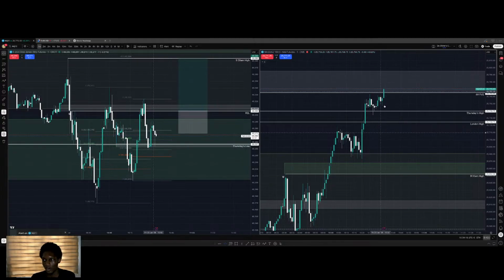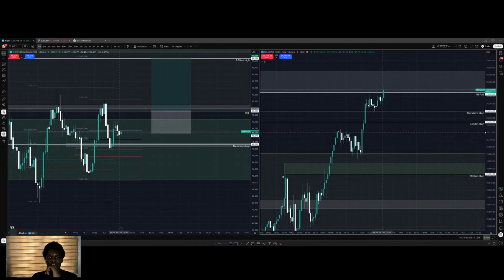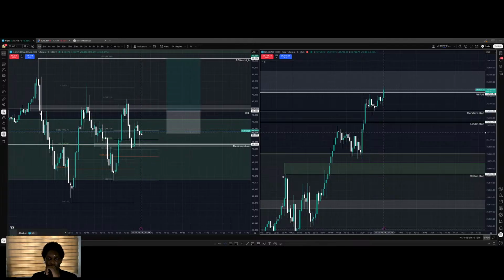So we've traded into the 4 hour gap now on NQ. So let's see, we could be taking a trade on YM.